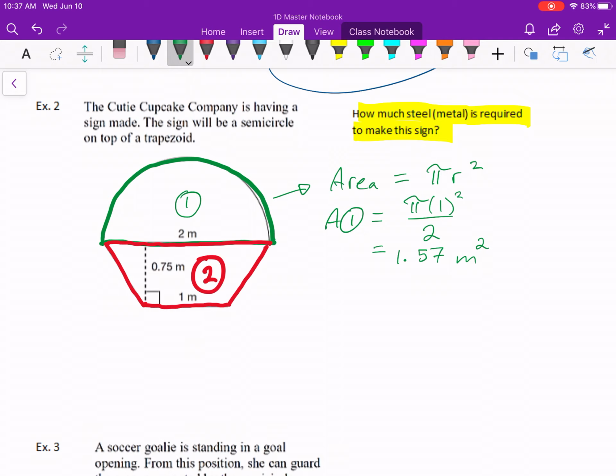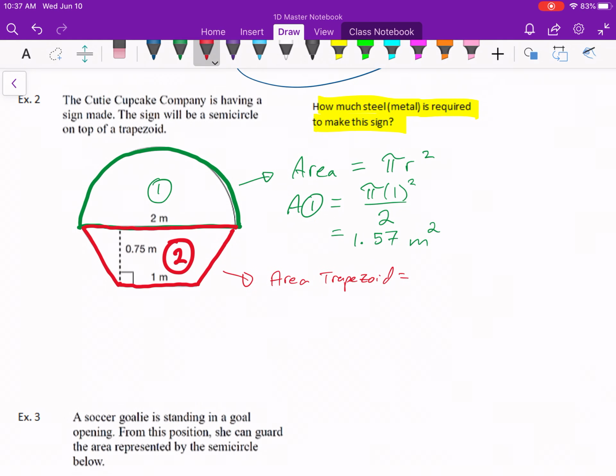Now area 2 is a trapezoid. So the area for a trapezoid uses the formula A plus B times H, divided by 2.